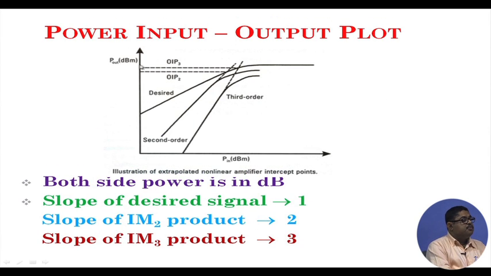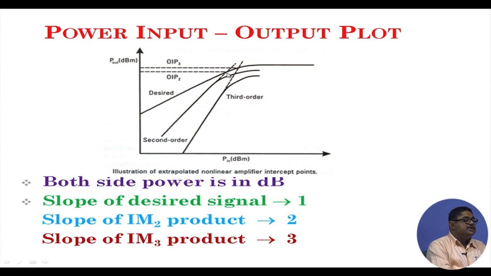So, if I put it in that transfer characteristic, input output in dB scale, then you see the linear one is going like this, second order is going like this, the third order its slope is twice. So, it will go like this.